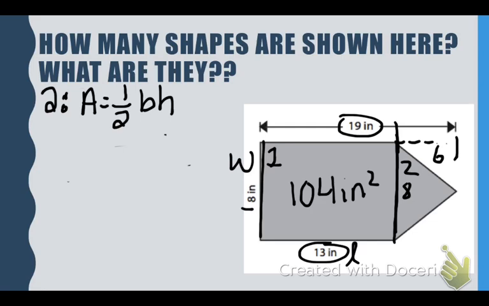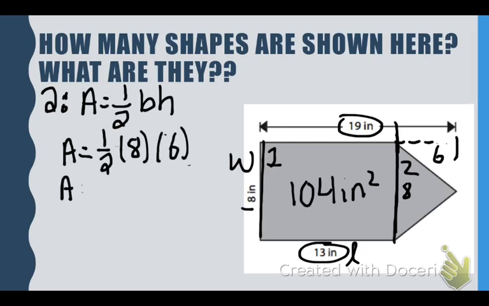Right, kind of just like the missing side video that you've watched. So we're going to write A equals 1/2 base, which is 8, and height, which is 6. So A equals 1/2, 8 times 6 is 48.